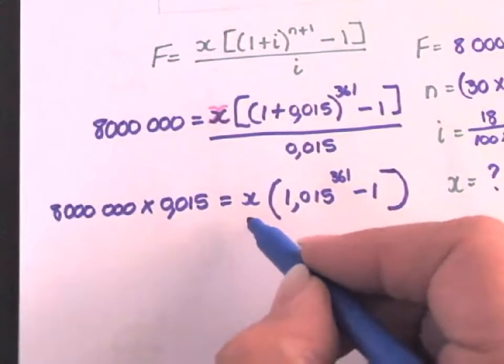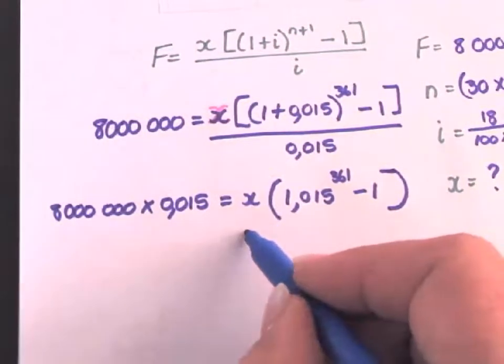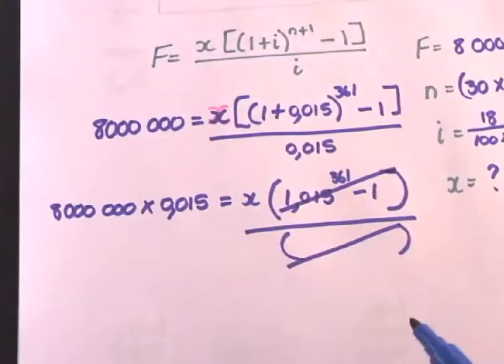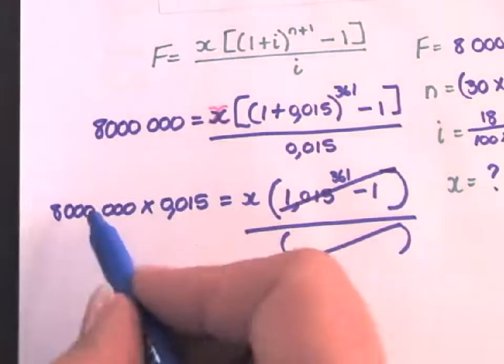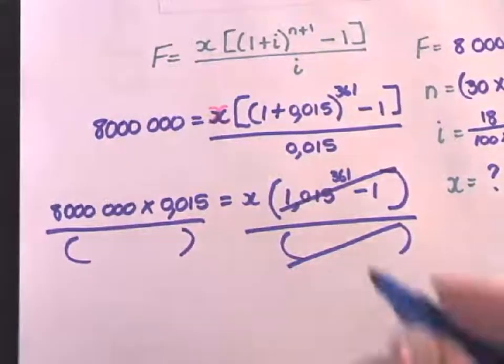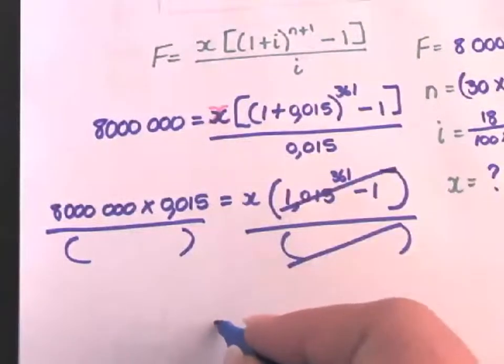And then, to solve X, I need to divide by this bracket. Okay. You're not allowed to skip this in exams. You have to write everything. And what you do on the right-hand side, you must do on the left-hand side as well. So now, X remains.